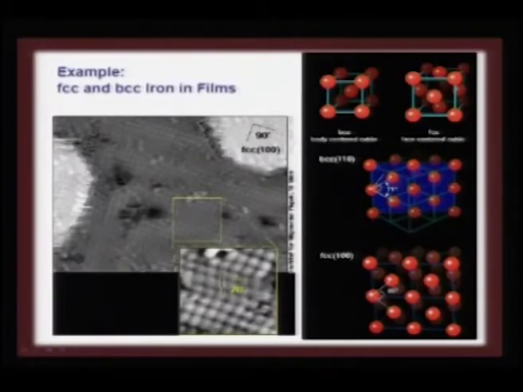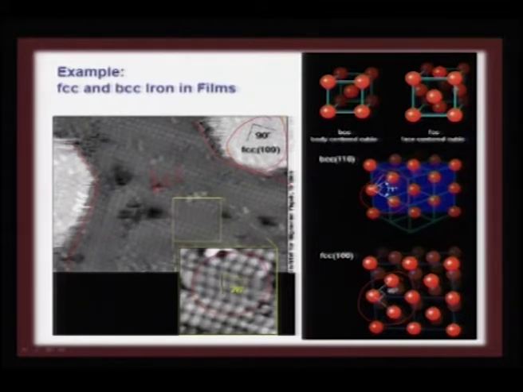As you would see here, the angle for these BCC atoms is 71 degrees, whereas for FCC it is a 90 degree stripe, and therefore if you map this region and this region on atomic scale, you can find out this patchy region whatever you see here is totally BCC iron compared to FCC iron.